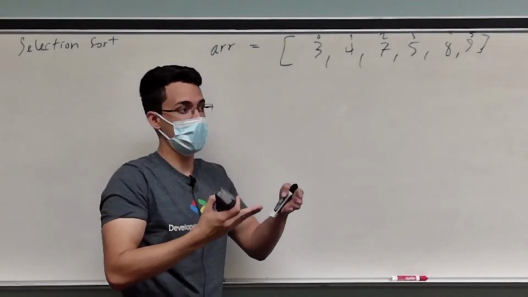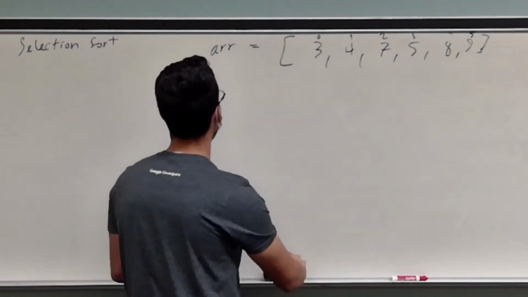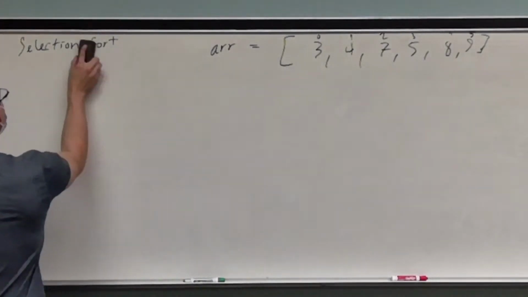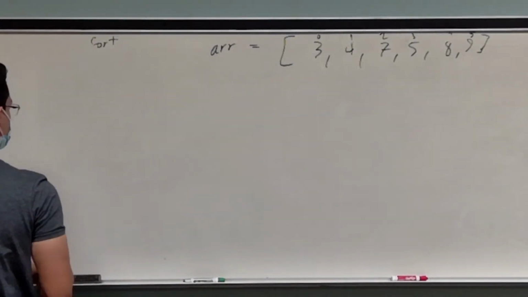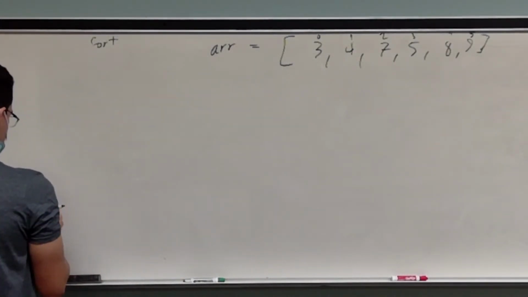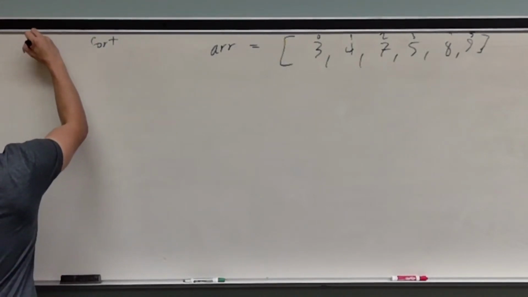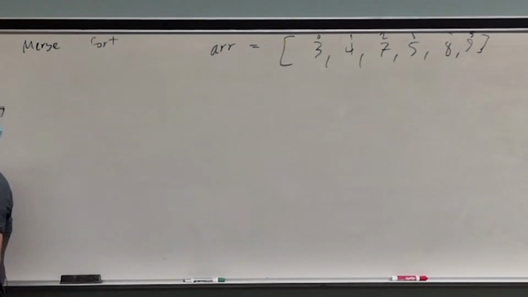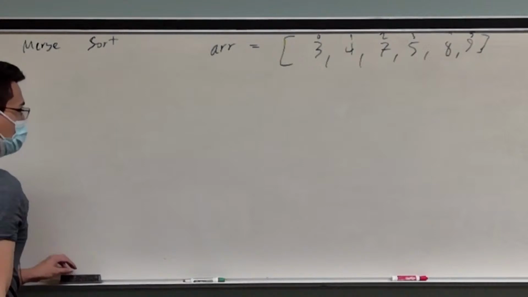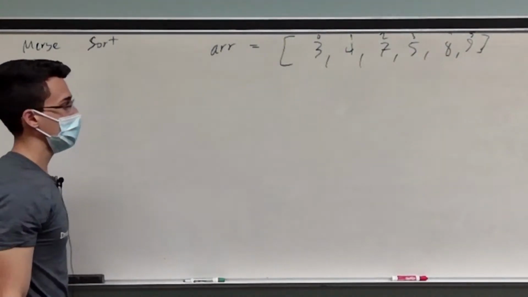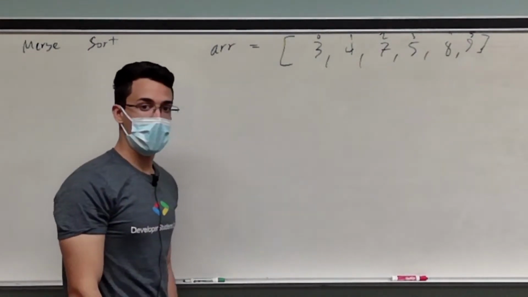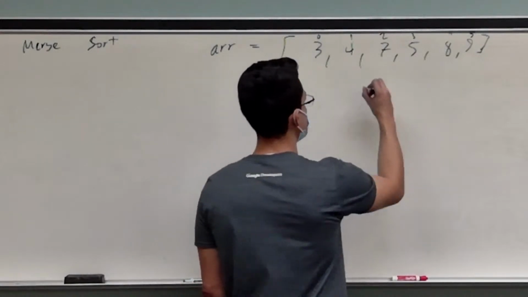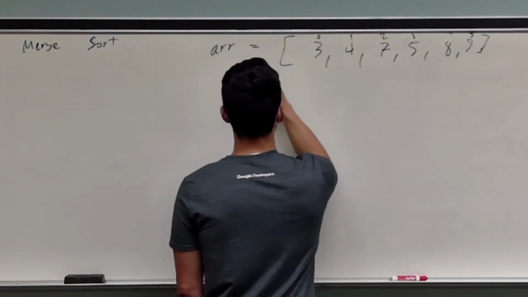And that's basically the idea. So we're going to go on to the new one that we're being introduced to, which is merge sort. All right, so what you do with merge sort at first is, like what he was saying.